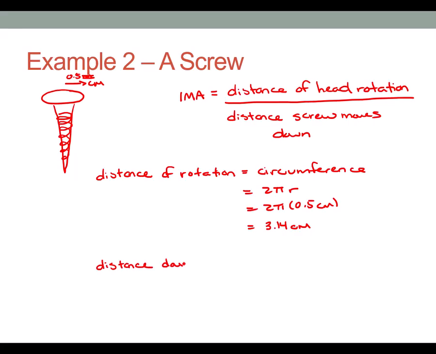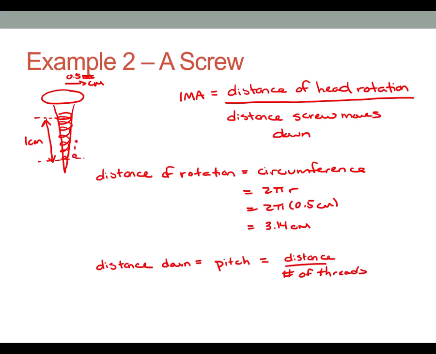The distance the screw moves down. Okay, that is related to the screw's pitch. And the pitch is determined by a distance divided by a number of threads. So let's say up here that I'm looking at a distance here. Let's let that be a centimeter. And if we count now my lovely scribbles, I have 1, 2, 3, 4, 5, 6.